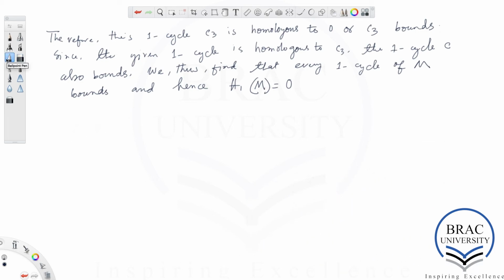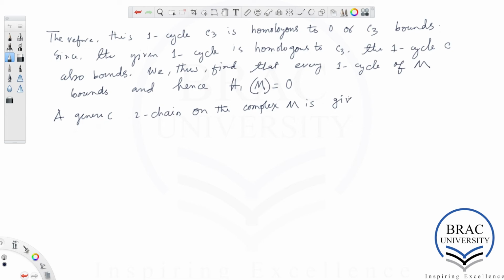Now the higher dimensional homology groups. A generic two-chain on the complex M: get back to the figure of the complex and see that there are 4 two-chains, right, in the complex.